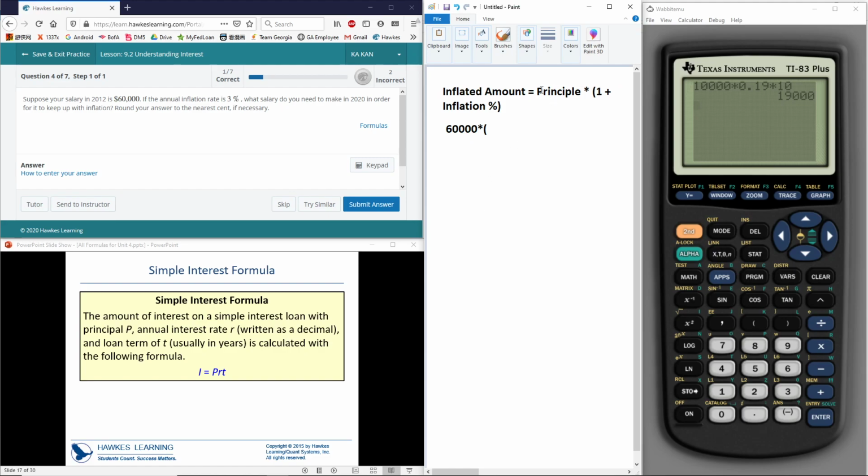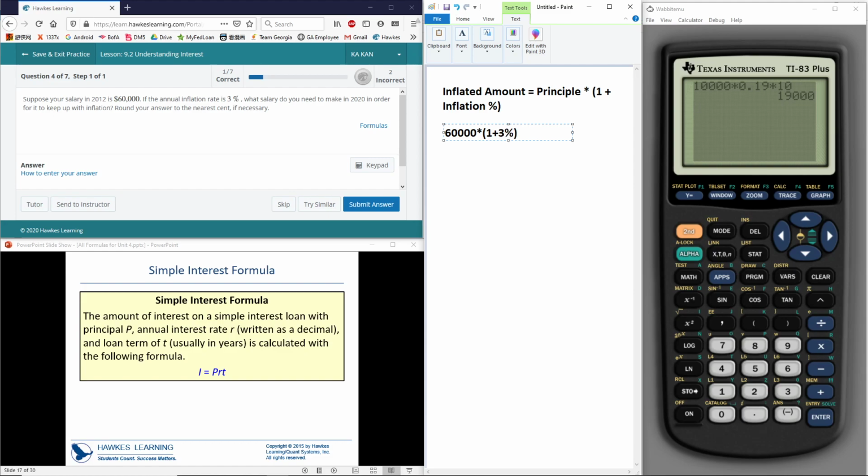So it's how much you start out with times 1. Why is it 1? Because it's 100%. You start out with 100%, and then you add however many percent you need. And in our case, let me erase this right here. Let me start over from this one. The principal is $60,000 times the quantity 1 plus 3%.